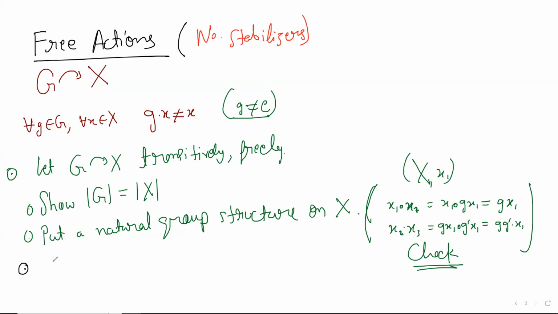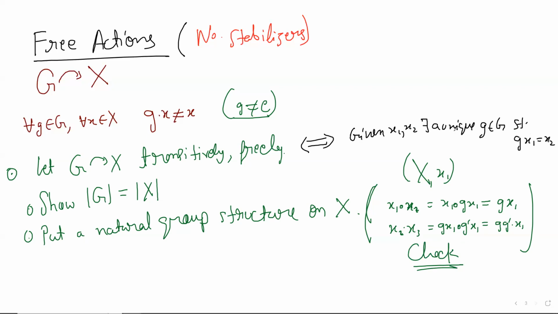So this is equivalent to saying that given x1, x2, there exists a unique g in G such that g times x1 is x2.